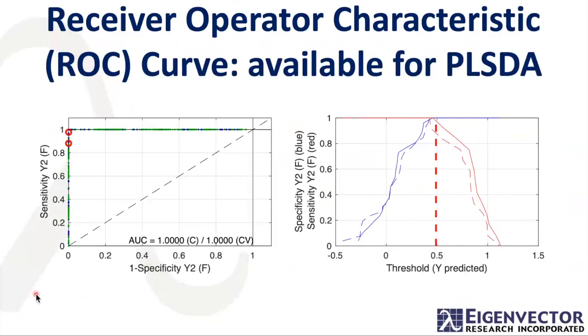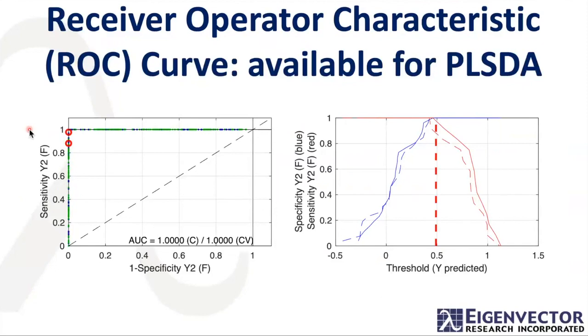The last thing that I was going to mention is that a common way to view results of binary classifiers is to look at a ROC curve, receiver operator characteristic curve, and that is available in PLSDA. It gives an overview of how well the model predicts for different settings of the threshold.